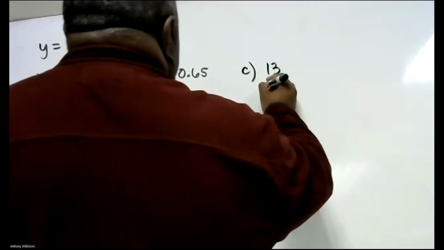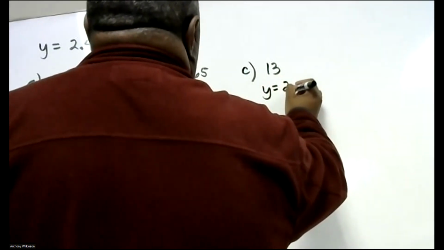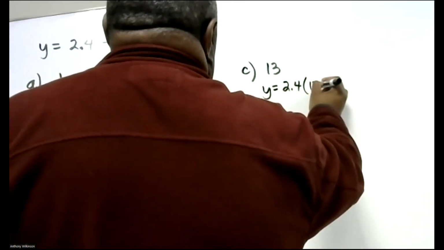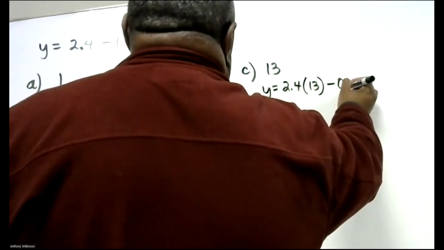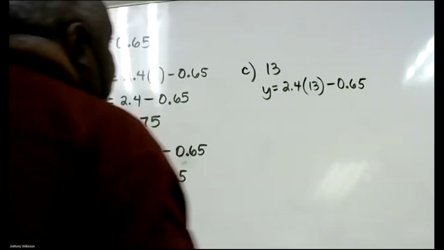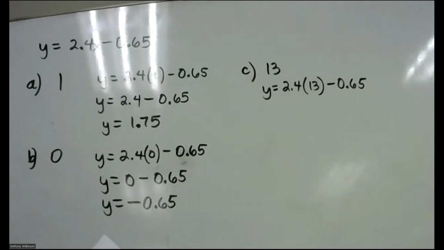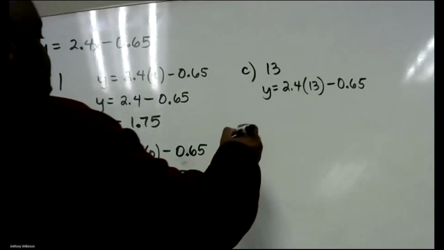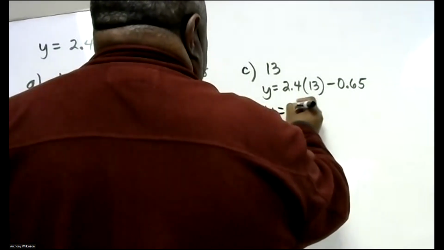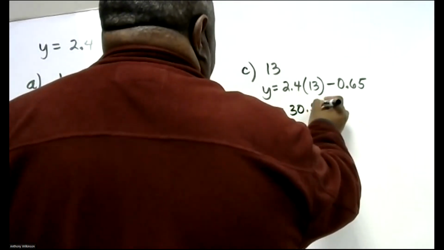So that means y is equal to 2.4 times 13, minus 0.65. Okay, 30.55. So my y value that I would expect to get would be 30.55.